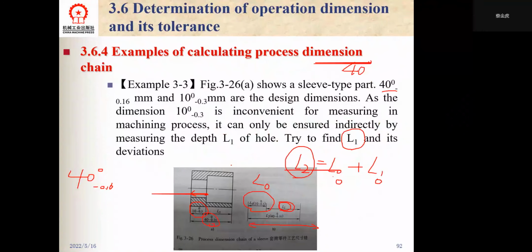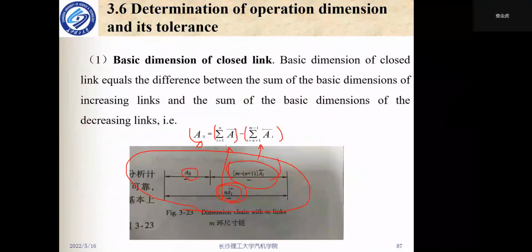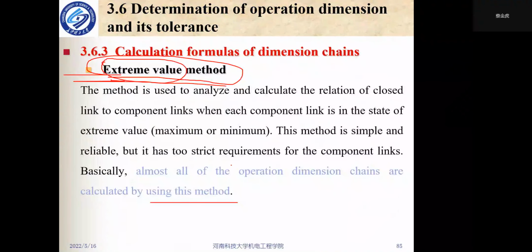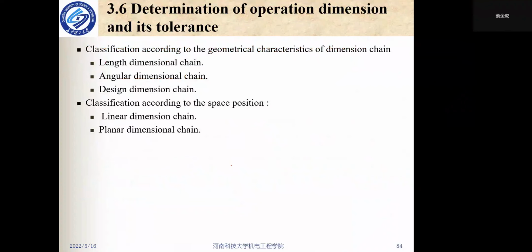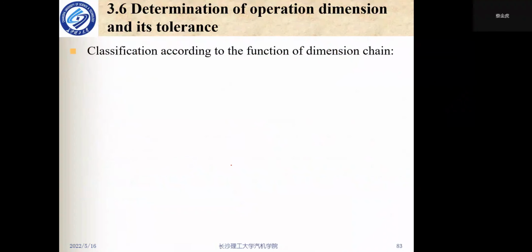Okay, I understand you. Everything should come out from the definition. Which one is a closed link and which one is a component link should come from the definition of closed link and component link.